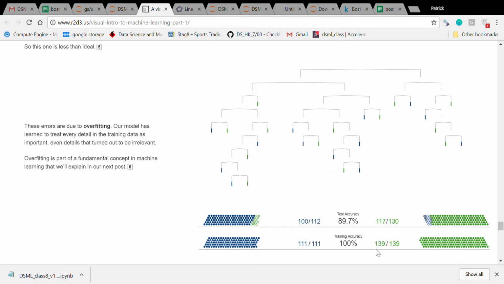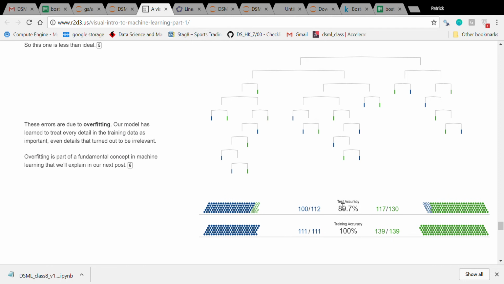So if you do it with the testing set, you can see some of the houses are wrongly classified, and some of the houses from the San Francisco side are actually from New York. Okay, but we have successfully built a model that classifies 90% of the cases. Okay, and this is how a decision tree works.